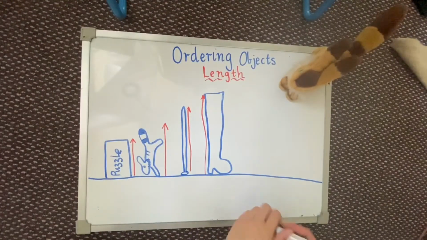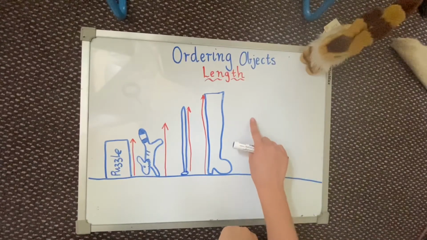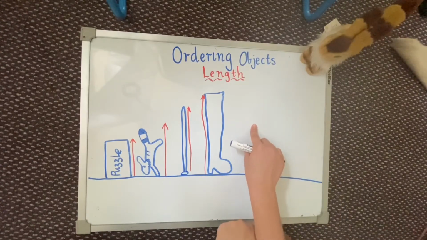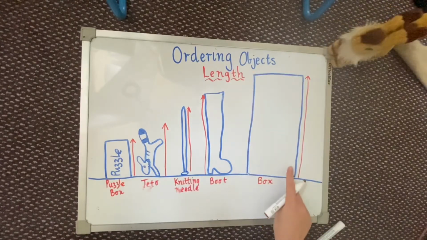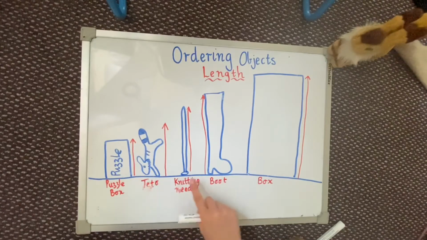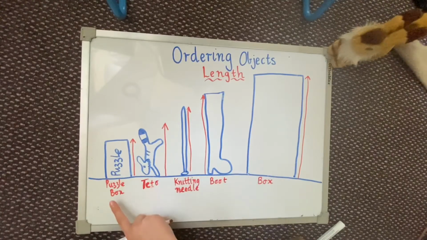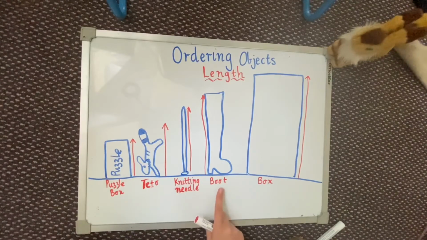Our last object was the box. So let's draw it on the right hand side because it is our longest object. There's my box. I've also added labels under my objects. So it says puzzle box, Teto, knitting needle, boot, and box.